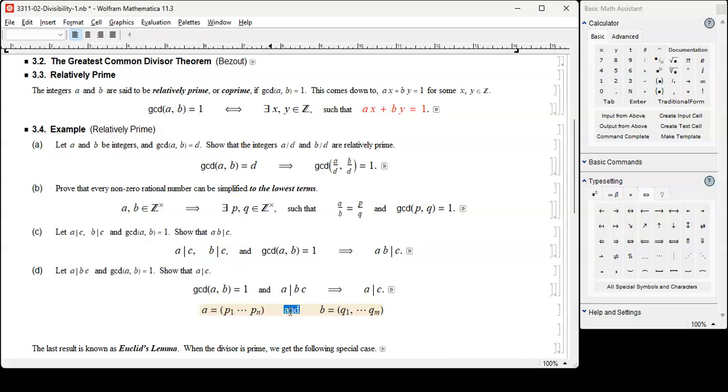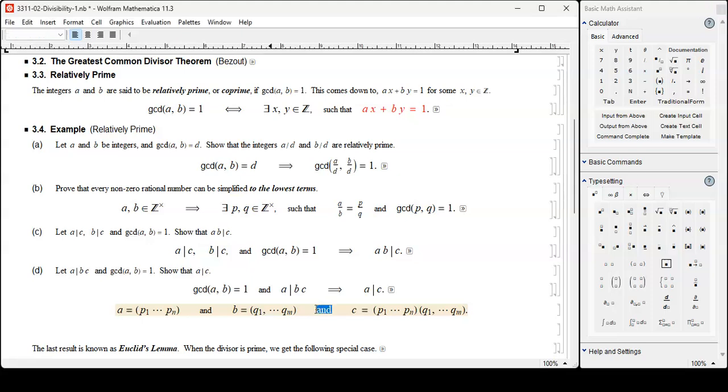And then they have nothing in common, they're all different. And A divides B times C, so C must include all the prime factors here and also all the prime factors there. Because there's nothing in common, there's no ambiguity, so this kind of argument will work.